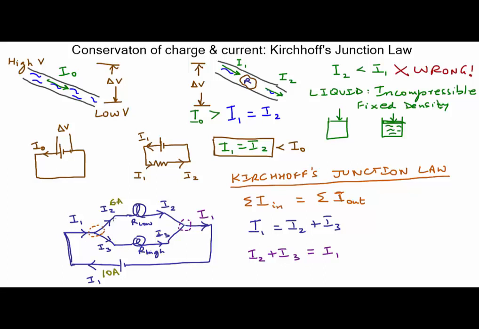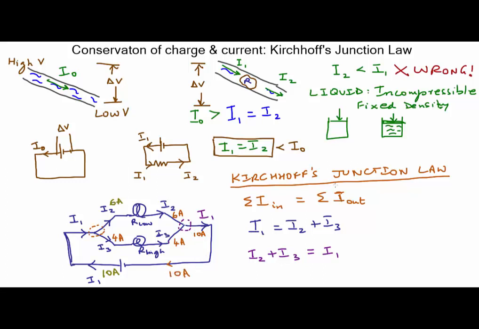Since 10 is coming in and 6 is going there, this has to be a 4 amp current going over here. And after the resistance, the current would be the same, so I'd still have 4 amps over here, I'd still have 6 amps over here, and exiting the second junction, I'd have the 6 plus 4, 10 amps leaving it, and coming back over here would still be 10 amps.